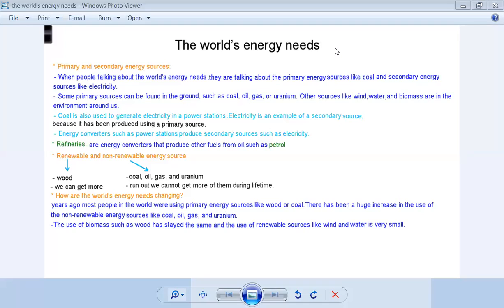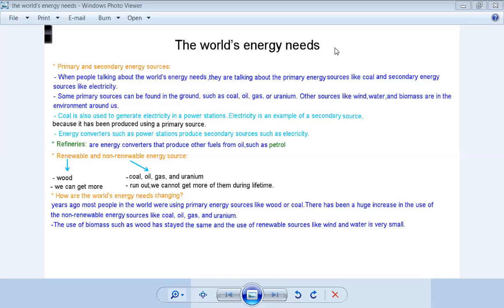So these sources are in the environment around us, but the other ones like oil, gas, and uranium are underground, okay? And coal is also used to generate electricity in power stations. Since old days they were using coal, not the gases, okay?